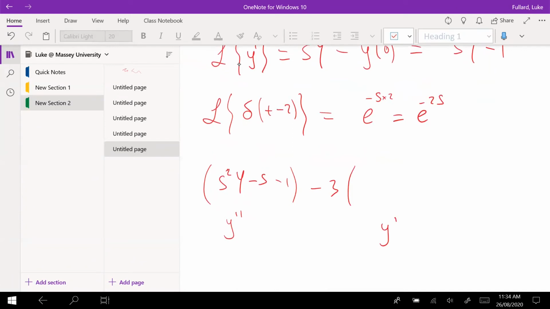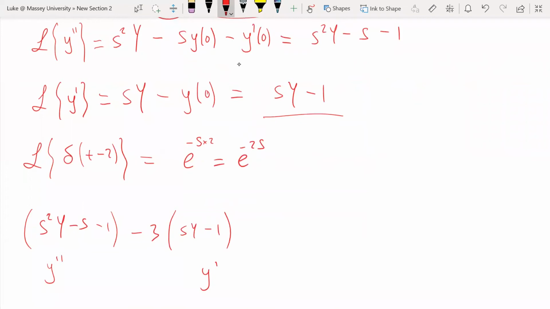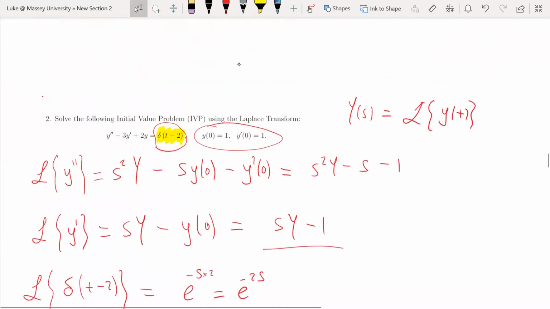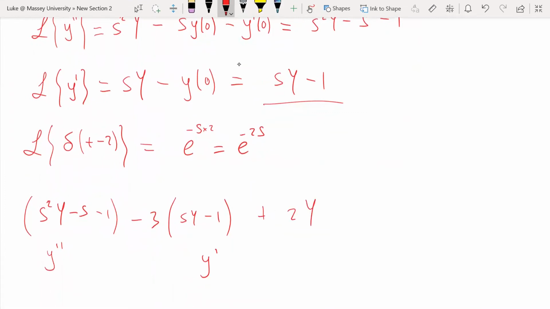Y prime was s times y minus 1. Plus 2y, that was the y term, equals the right-hand side, which was just the Dirac delta function, so we have this here.